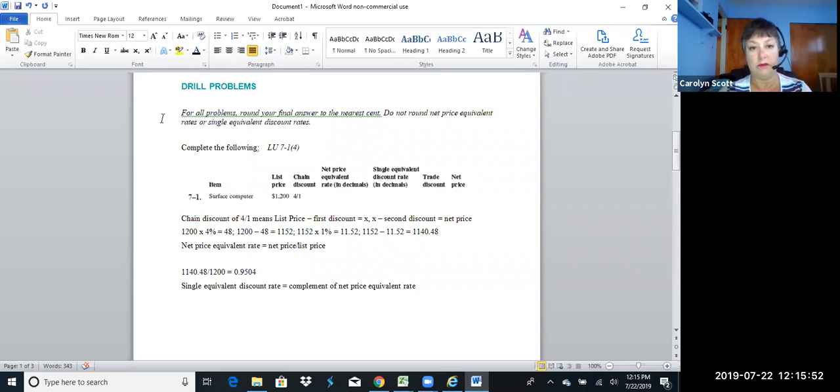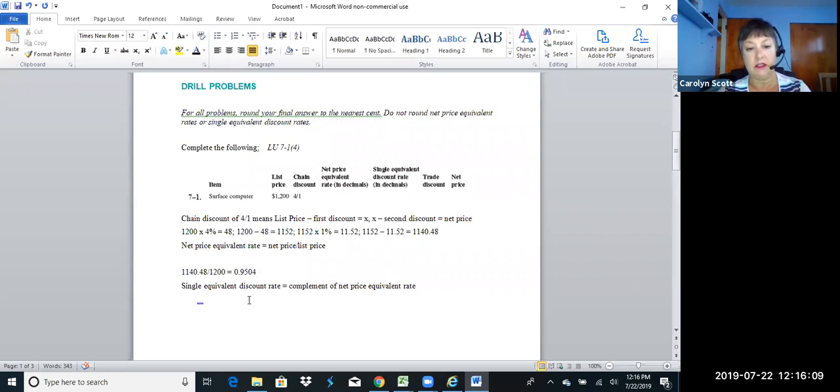Remember, for all problems round your final answer to the nearest cent, do not round net price equivalent rates or single equivalent discount rates. So our net price equivalent rate is 0.9504.